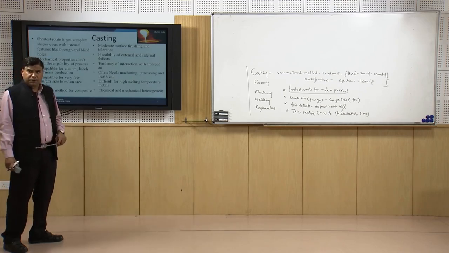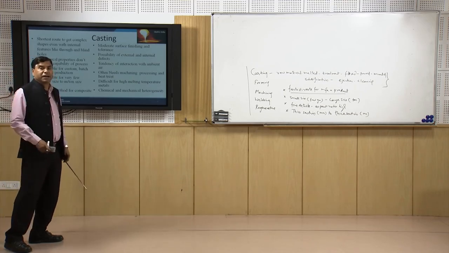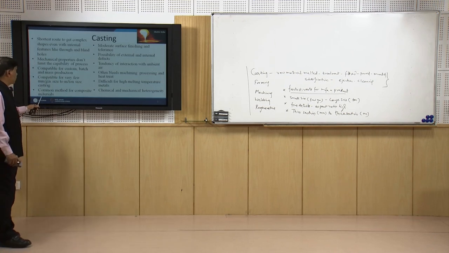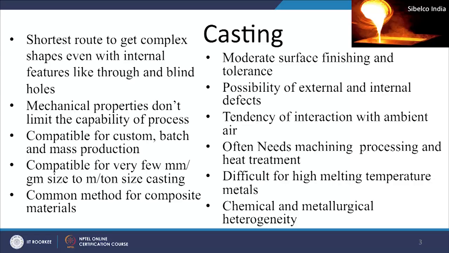At the same time, the process can also be used for mass production. So, that is another good feature of casting: the process is compatible with customized products, batches of different sizes, and mass production.